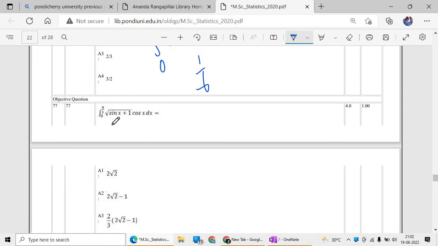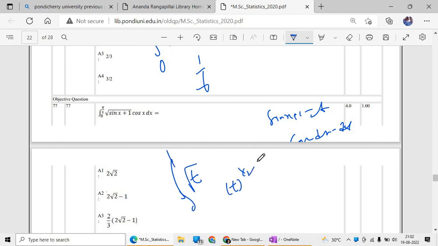So similarly, you can do this type of questions also. Like sin x plus 1 equal to t, then cos x dx is equal to dt. So it is root t from 0 to 1. So what is the formula for root t? 1 by 2 plus 1, that is 3 by 2, divided by 3 by 2. So it is 1. I think this is correct.